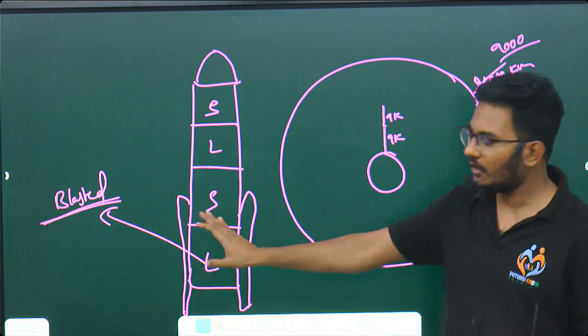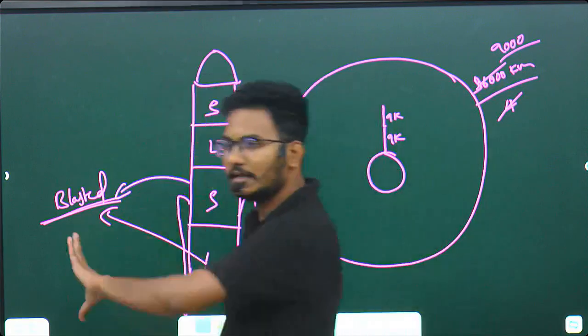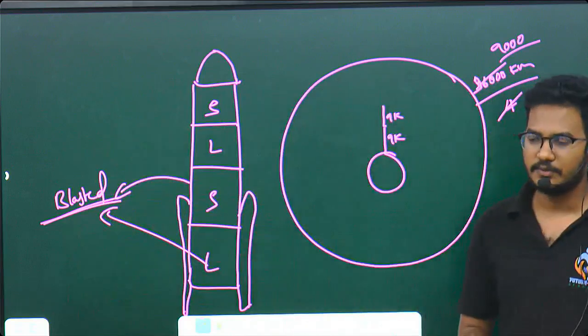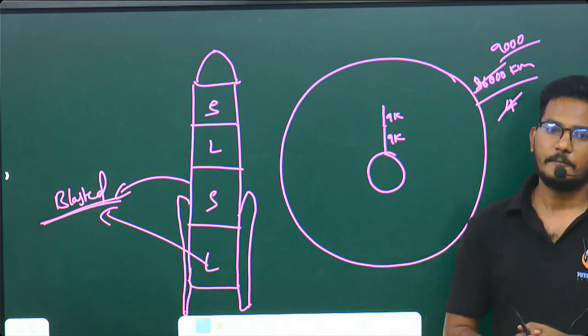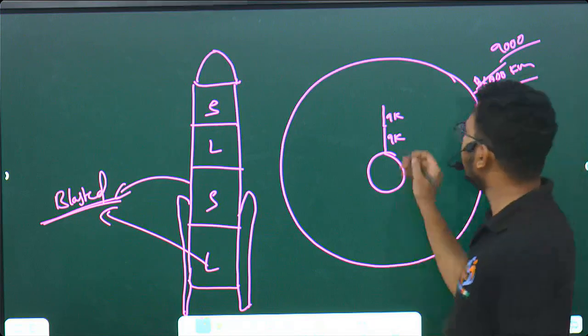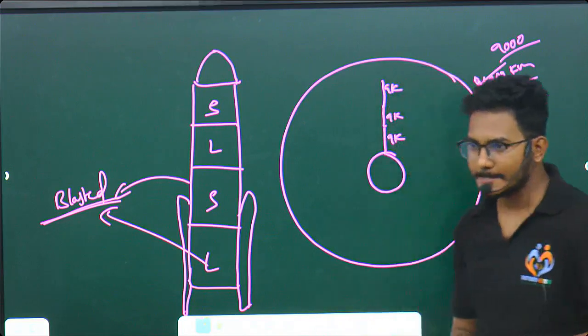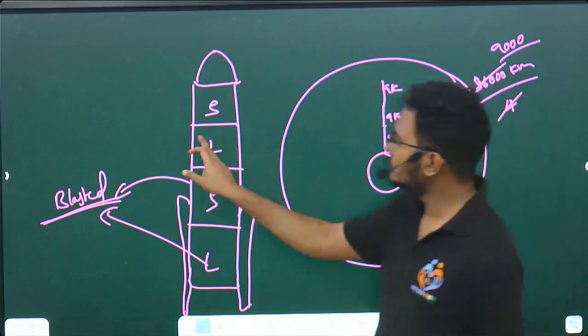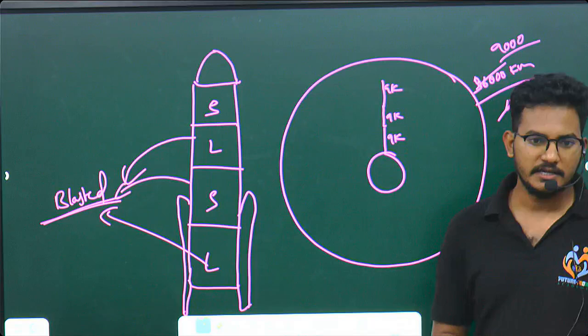Now this will also be separated and blasted in the space, so that there will not be any space debris. Now again they will travel 9K. Now this will also be completed and blasted in the space.